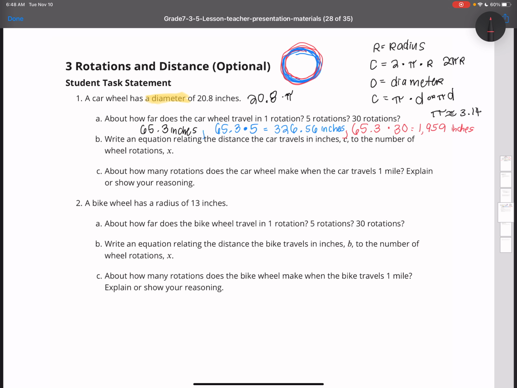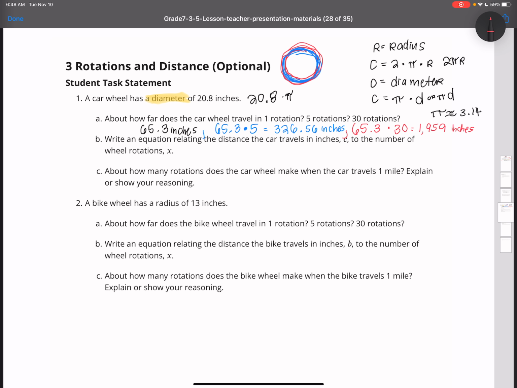So for part B, it's asking us to write an equation relating the distance the car travels in inches, C, to the number of wheel rotations, X. So what did we do here? How can we develop the equation? Let's think about our process.